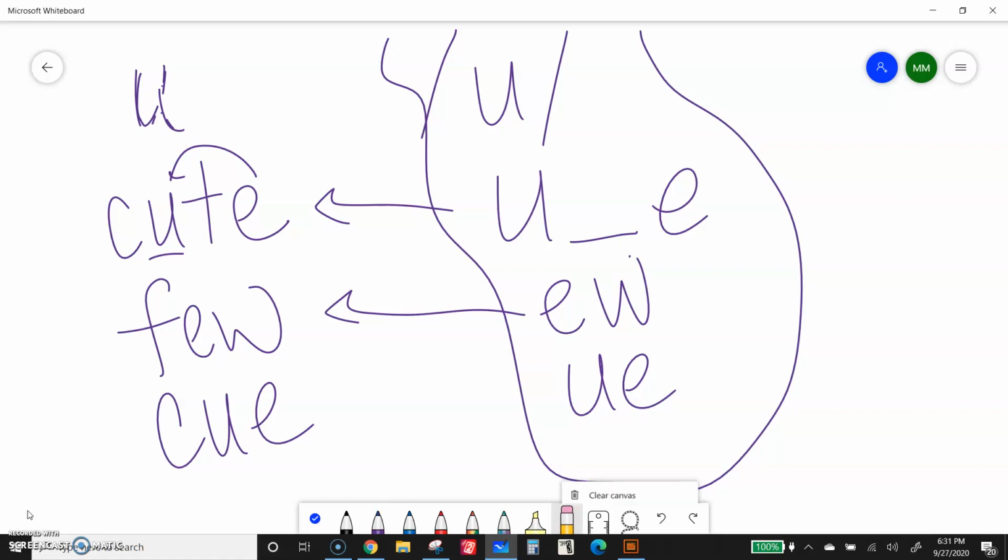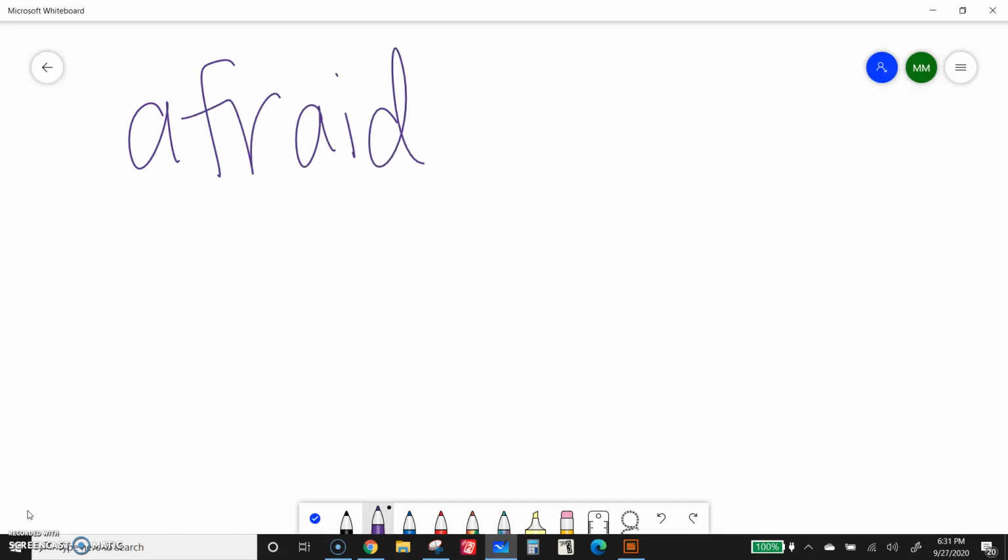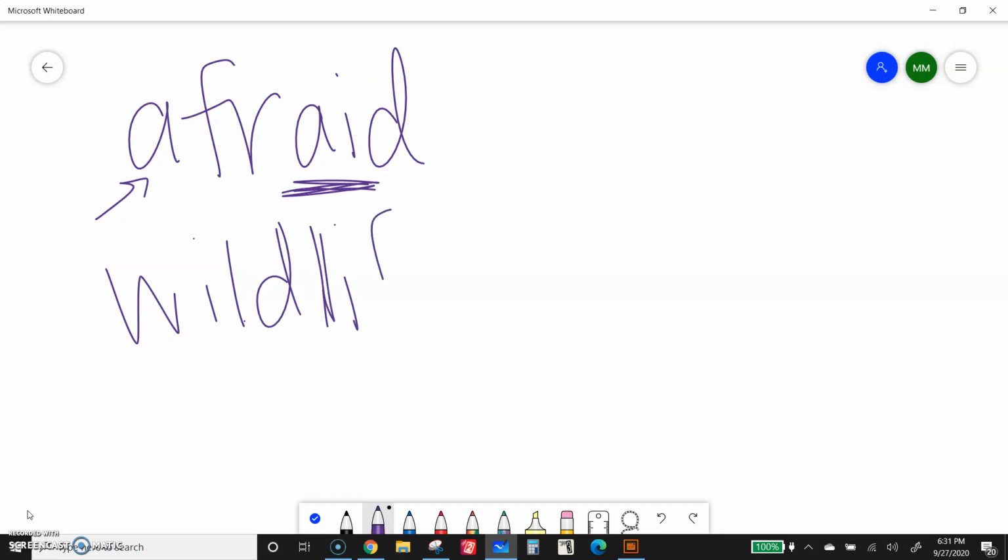One other thing I wanted to point out, on your list of words, there's some words that can have multiple vowels and only one long vowel sound, like afraid. Afraid has multiple vowels, but this one is not long. This one is the long one, afraid. So that's the one that I would underline if I were looking for the long vowel sound. Now a word like wildlife, let's listen to those sounds. Wild, that's long. Life.